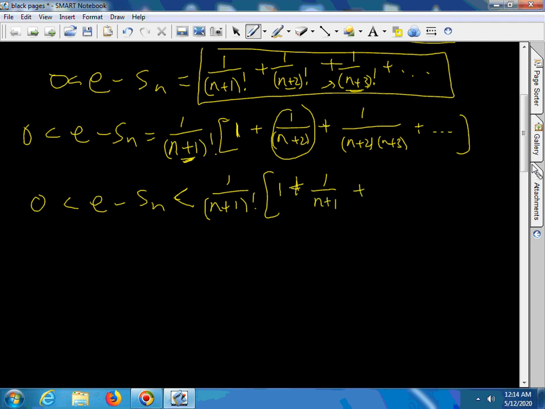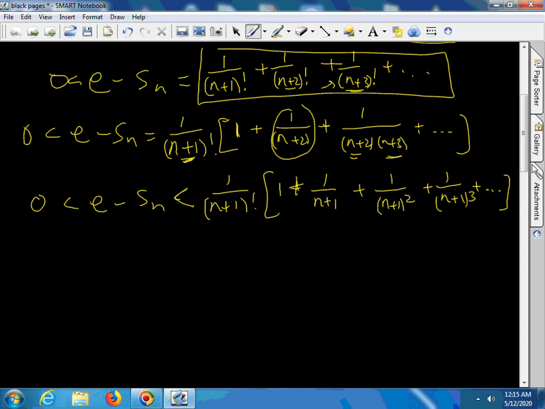Over here, I have the 1, but instead of n plus 2, I'm going to put n plus 1, times, instead of n plus 3, another n plus 1. So I'm going to have n plus 1 squared in the bottom. And the next term, I'm going to make smaller. I'm going to put 1 over n plus 1 cubed, dot, dot, dot.